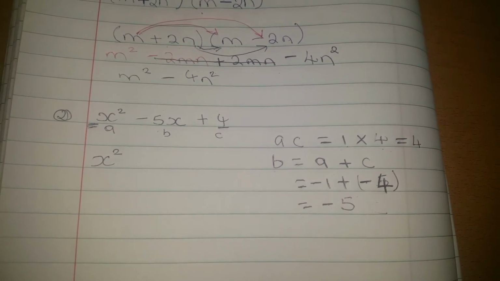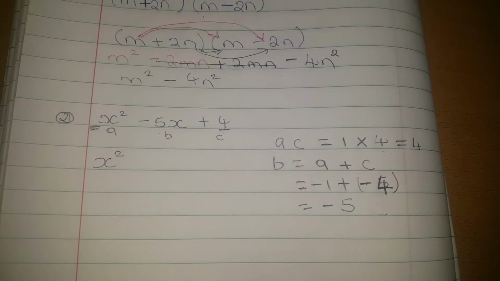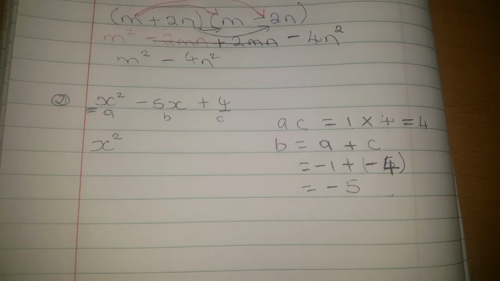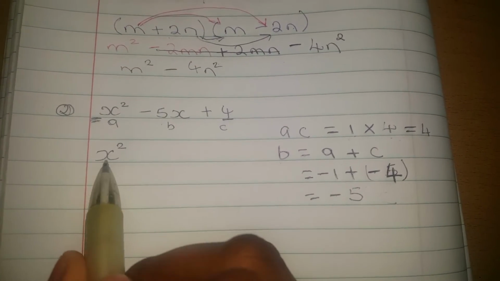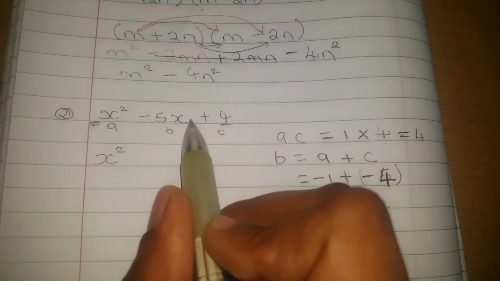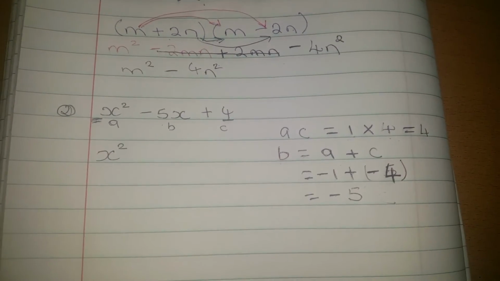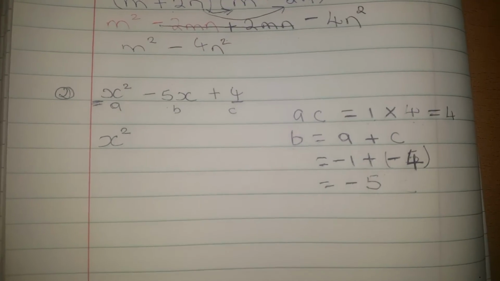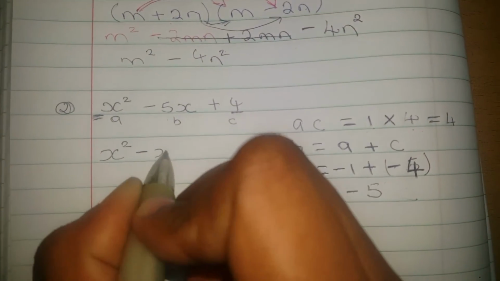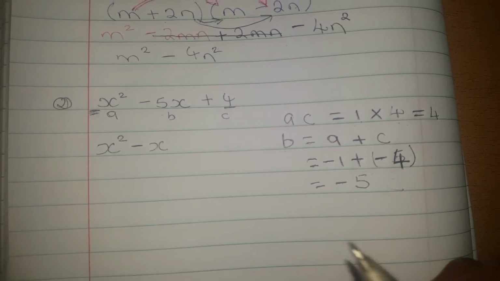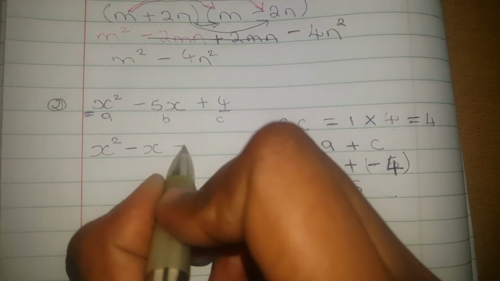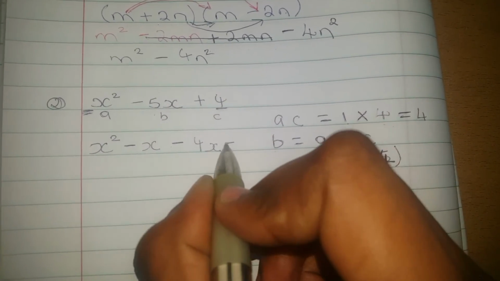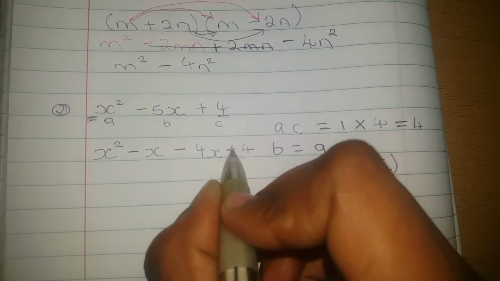Therefore some like terms were added, and that got us to -5. So whatever we are going to write, we have to include the variable that is present, else that will cause our answer to be invalid. We don't have to put the 1, so it's -x, -4x, and we write back our C value, which is +4.